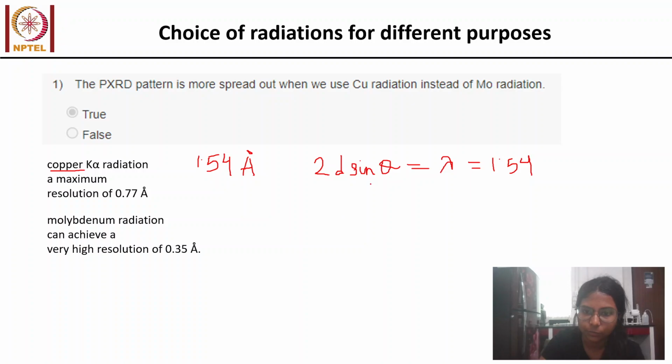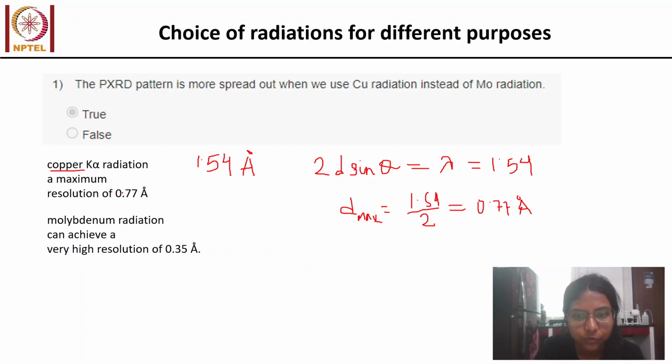Then d max is equal to 1.54 divided by 2, which comes out to 0.77 angstrom. So for K alpha radiation of copper, the maximum resolution will be 0.77 angstrom.